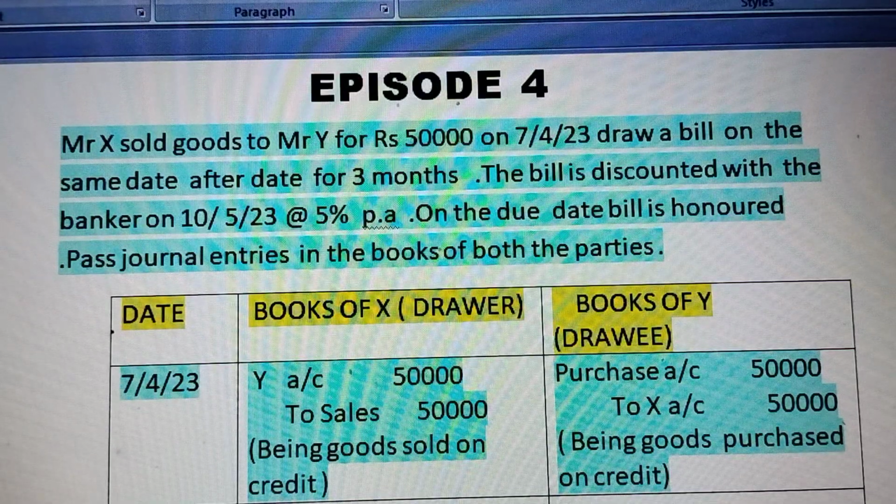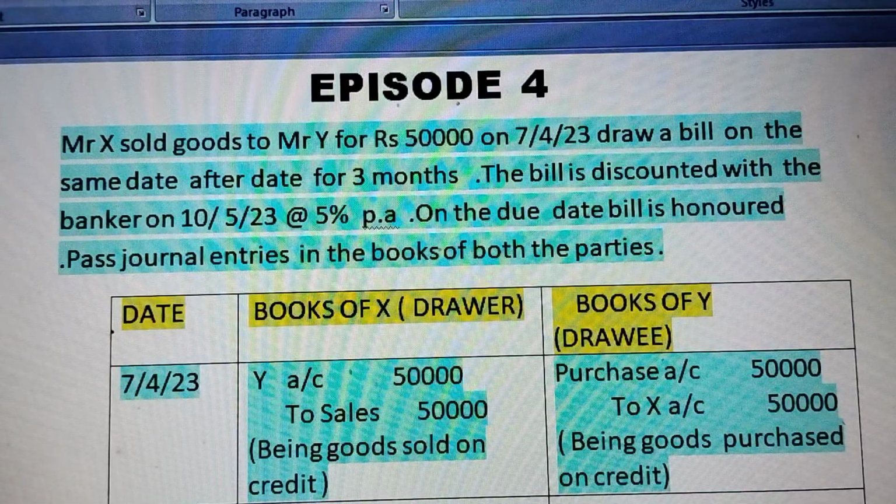Today we are going to learn the journal entries regarding a bill discounted with the bank, retained by the drawer and honored at maturity. The bill has been drawn and retained, but before maturity the bill has been discounted with the bank, and at the end the bill has been honored by the drawee.